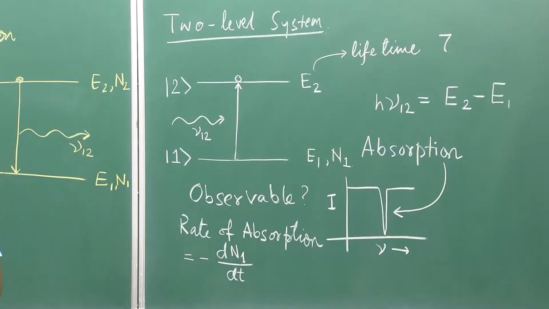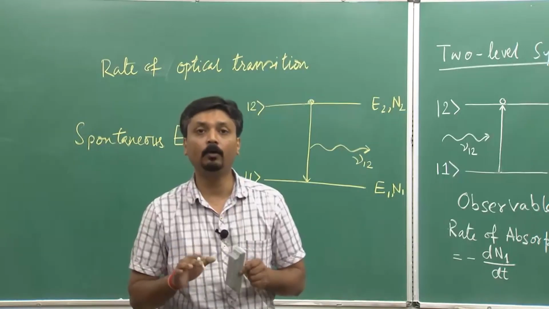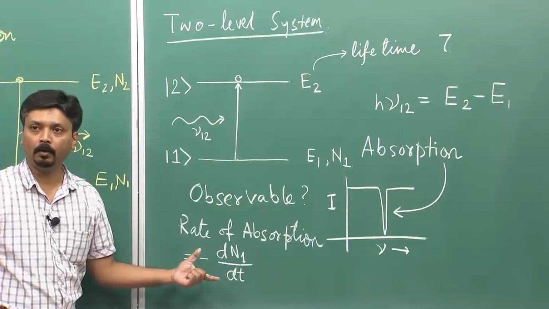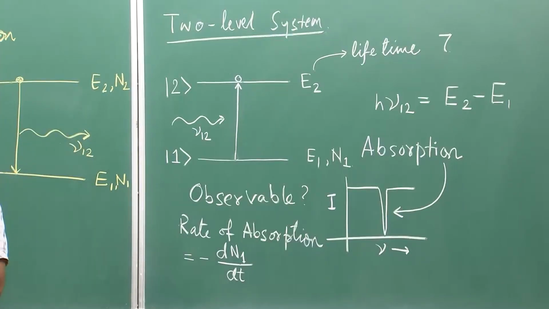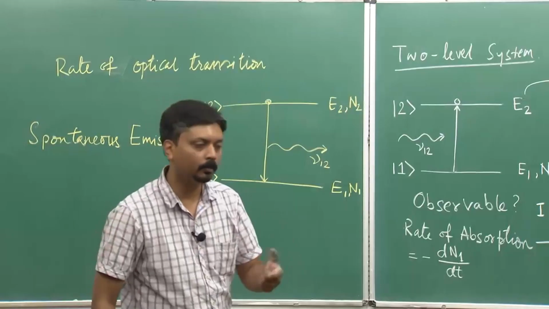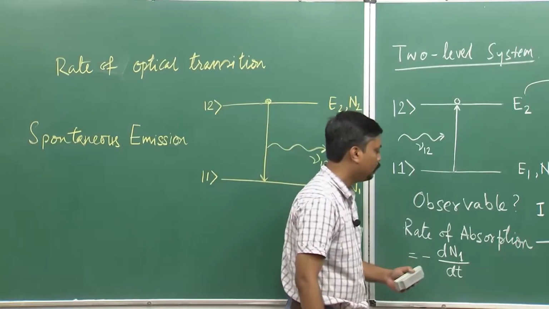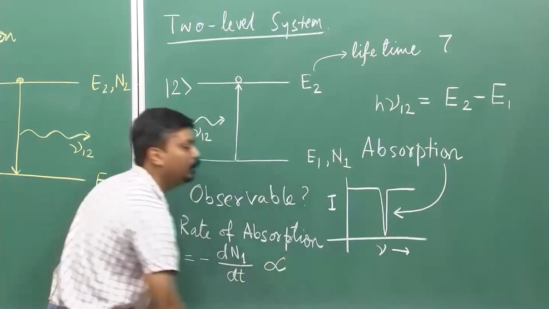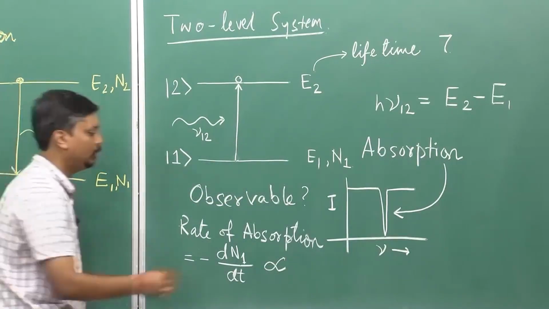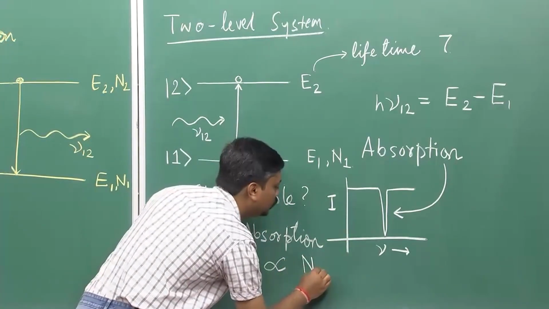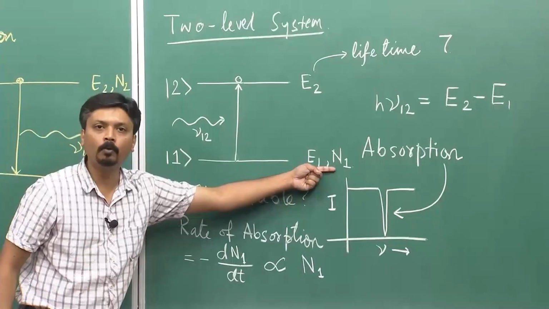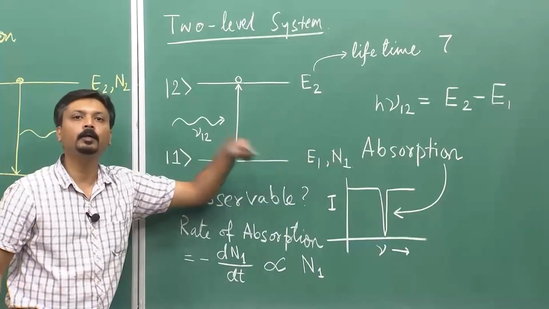We have to understand on what this rate of absorption actually depends. This rate of absorption is proportional to the number of atoms itself in that particular state. So in our case, rate of absorption is proportional to N1. More the number of atoms in that level, more will be the optical transition, that is, the rate will be more.